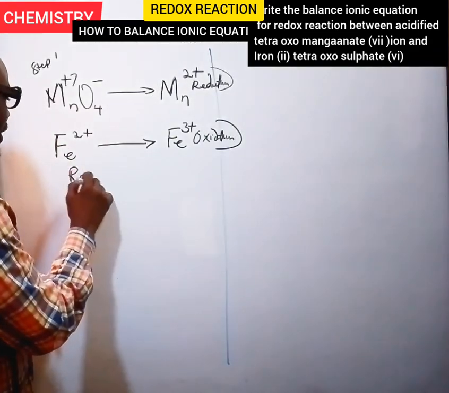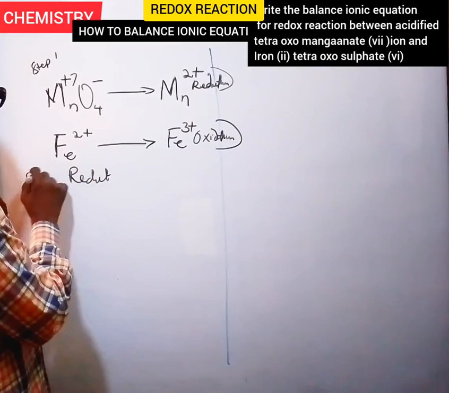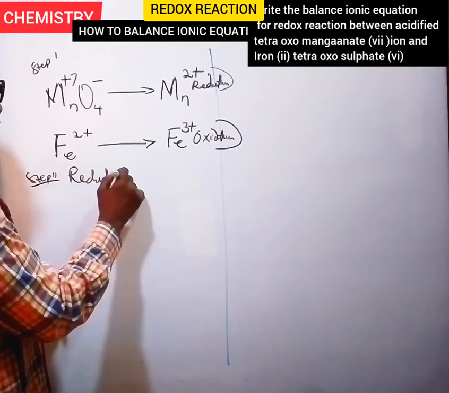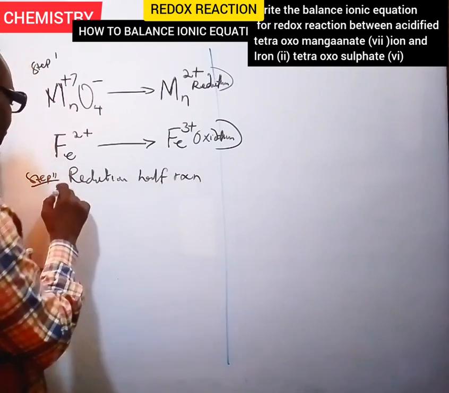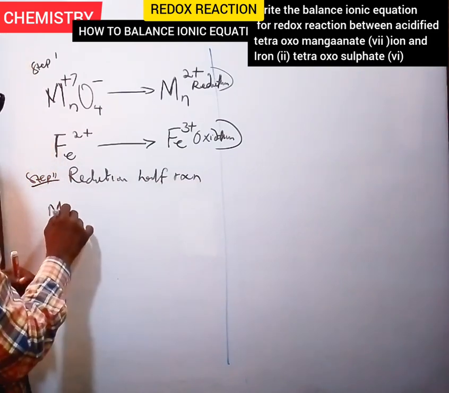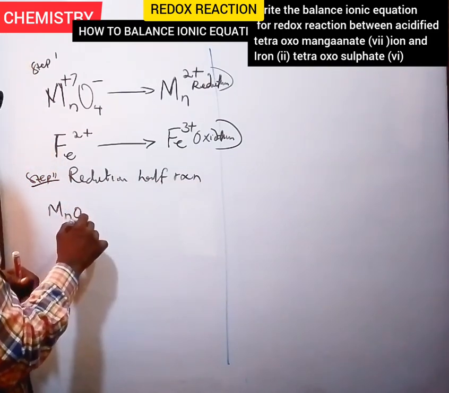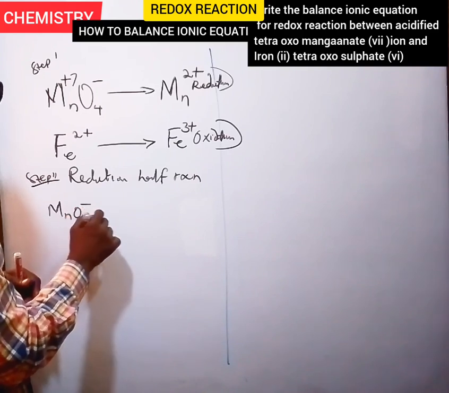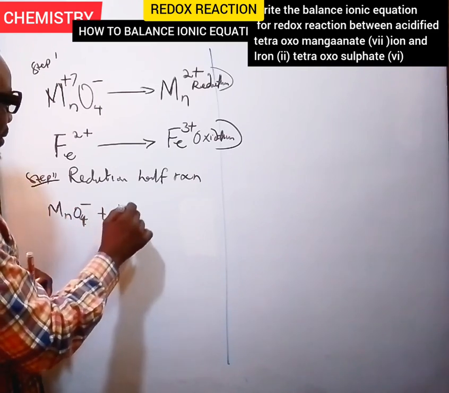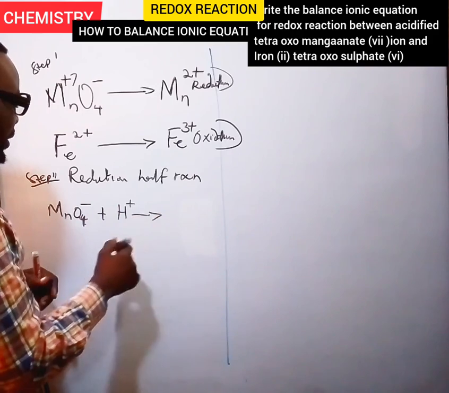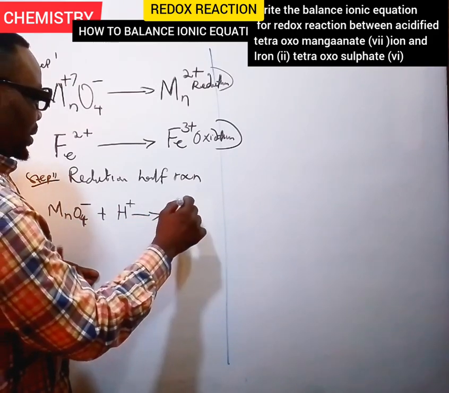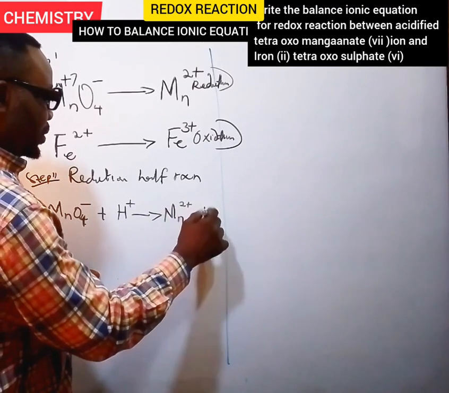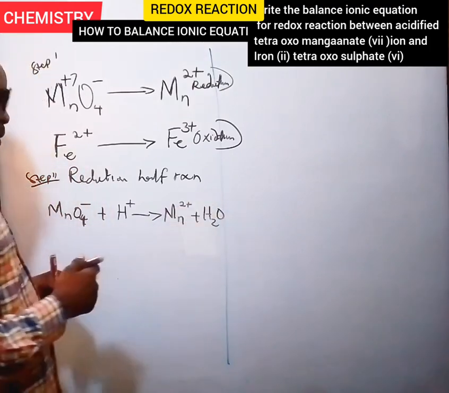So step 2, the reduction reaction: we have MnO4 minus plus hydrogen ion leading to Mn2 plus and water.